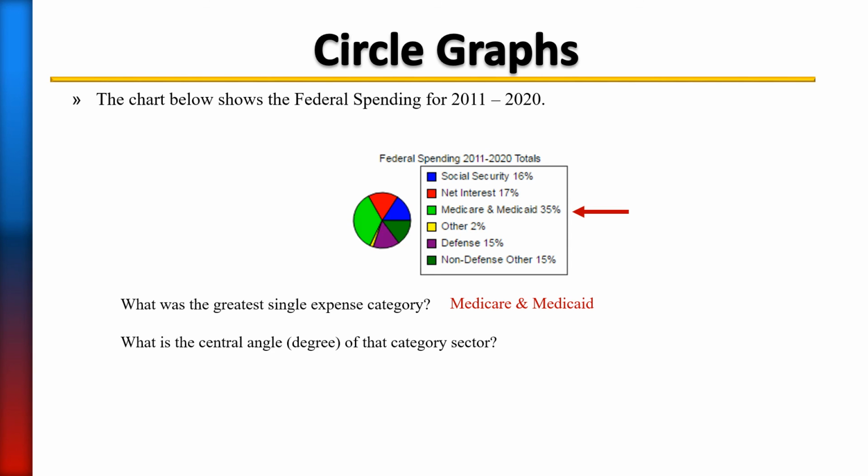So you can find the degrees by simply taking the percentage and multiplying it by 360, and that will give you the degrees. So go ahead and get your calculators out, and you're going to type 0.35 times 360, which is the total circle degrees, and that will give you the degree for that particular sliver or piece of the pie.